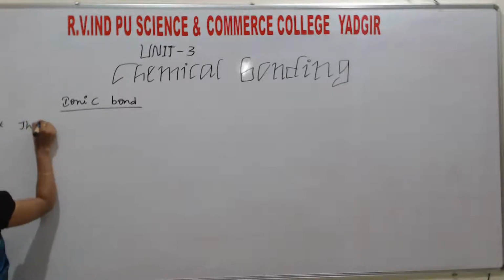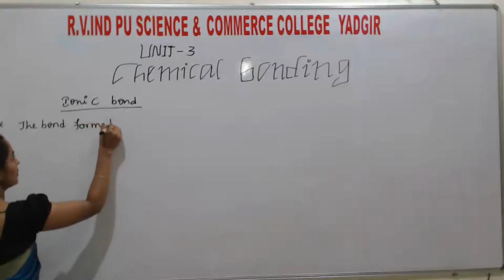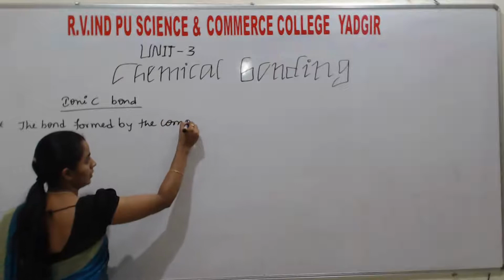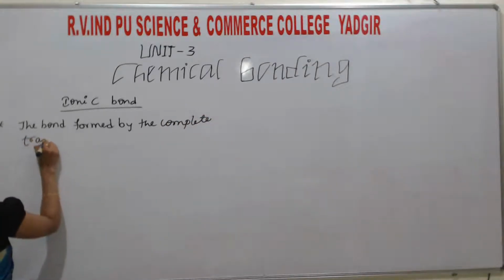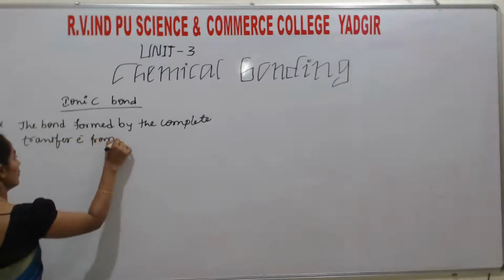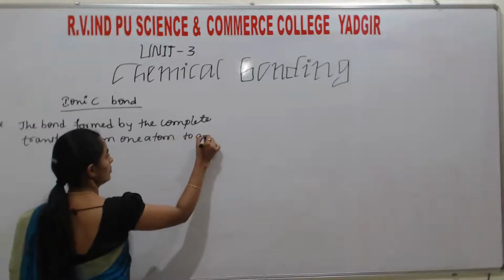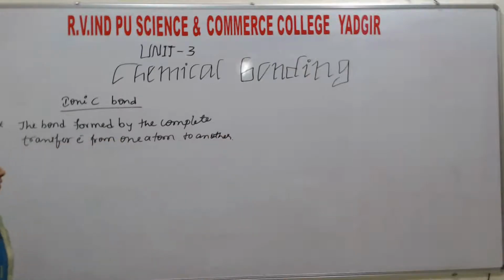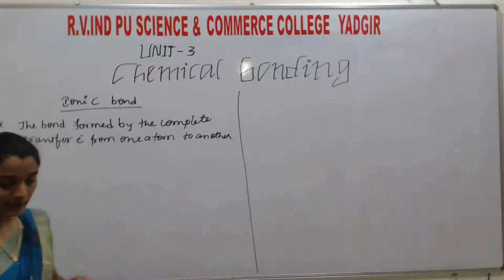The bond formed by the complete transfer of electron from one atom to another. This will form what? Ionic bond. So I write the example here.